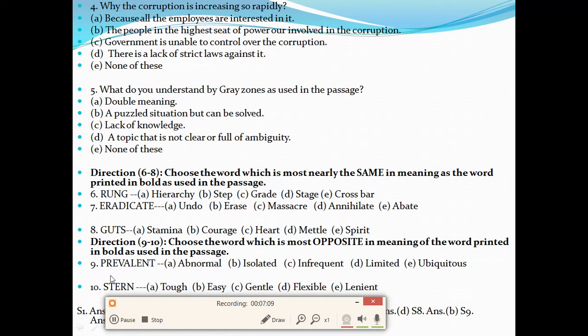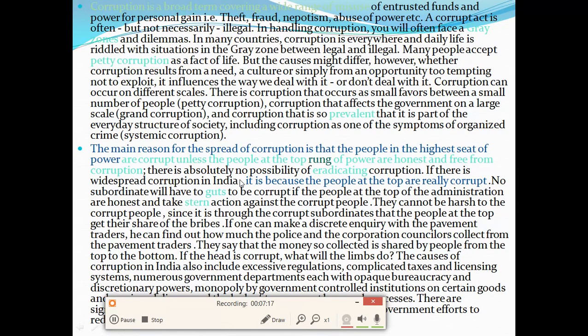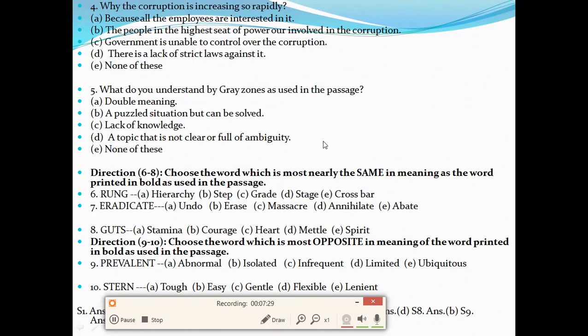Question number 9. Here we need the opposite meaning of prevalent. Here it is written, "corruption is so prevalent that it is part of the everyday structure of society." Prevalent means prachalit in Hindi.